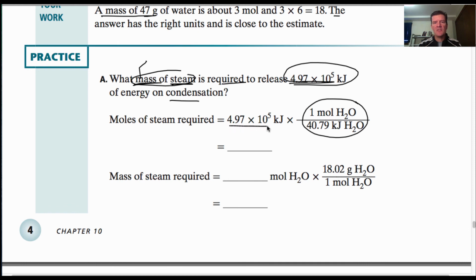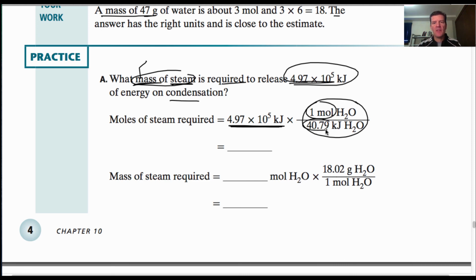So this is the energy that we know is being taken out of the steam, and we know that 40.79 kilojoules are taken out per mole of water to help it condense.